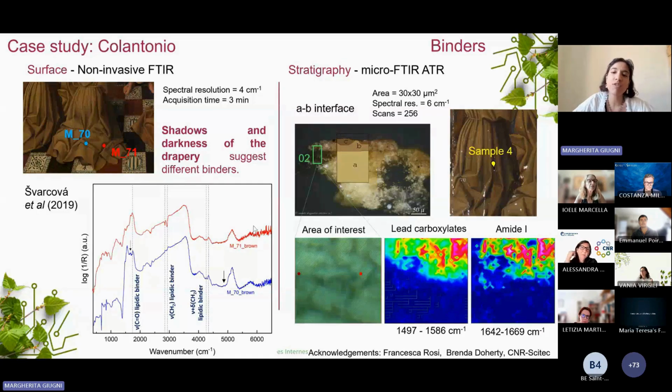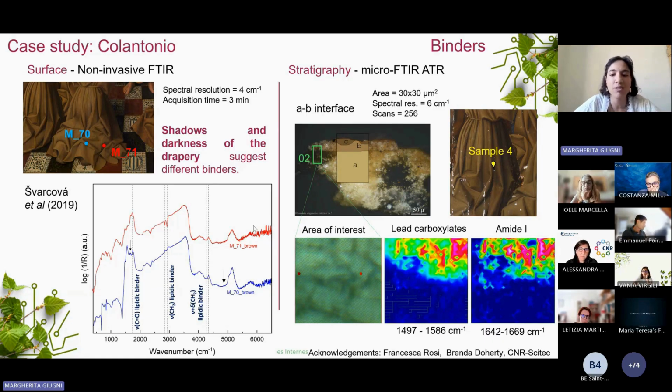Non-invasive FTIR showed, in the blue spectra, amide bands in the lighter shade, cross-checked then with the stratigraphic analysis provided by the sample. At the interface of the ground layer and the first pictorial layer, we could map the coexistence of lead carboxylates and an amide I feature that could be related to a proteinaceous binder.